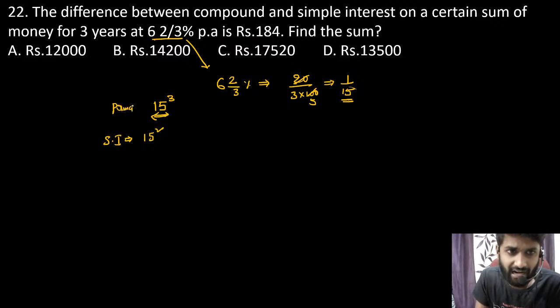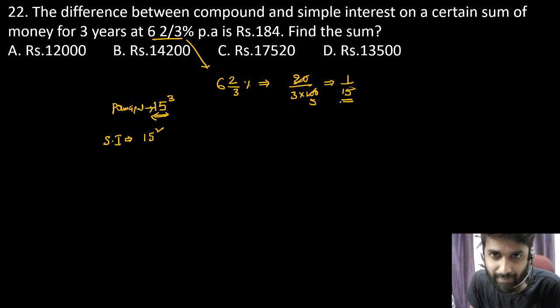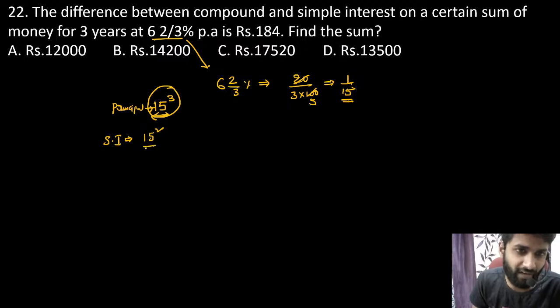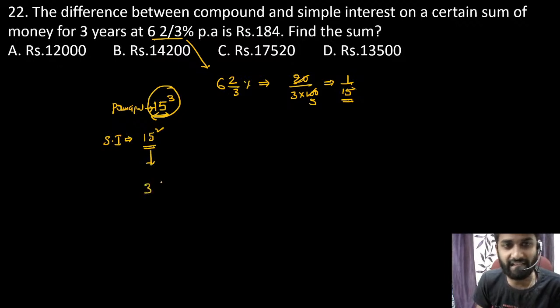Don't assume it to be 100, because the calculation would go into decimals. Based on this denominator, for 3 years I assume 15 cubed. For simple interest, 1/15th of 15 cubed for 1 year is 15 squared. For 3 years, the simple interest is 3 times 15 squared.